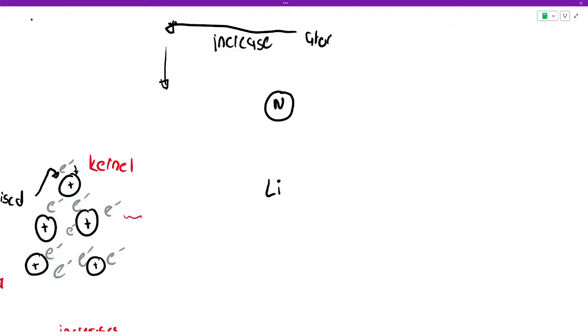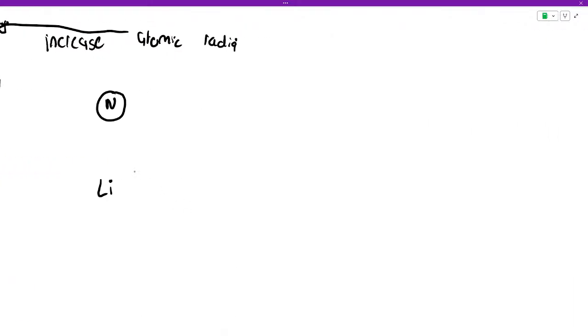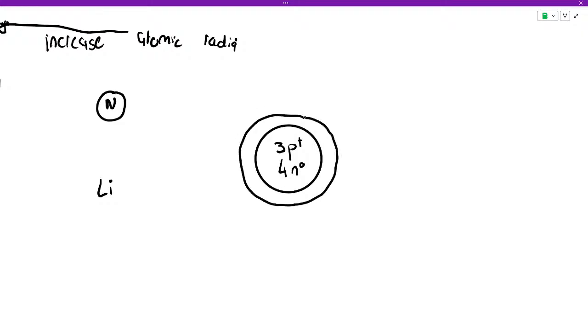This is the atomic radii. The bigger the atomic radii, the bigger the atom is going to be. So in this case, let's say lithium. Lithium has 3 protons, 4 neutrons, and 3 electrons.